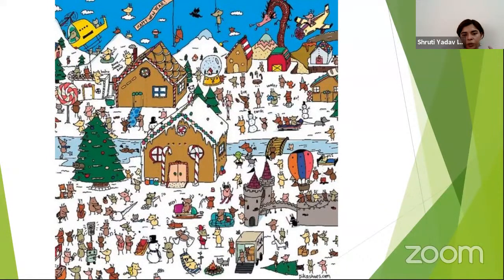Try to gather as much information as you can in the short period of time. The sheer number of the living things is a little hectic in this picture because there are too many.